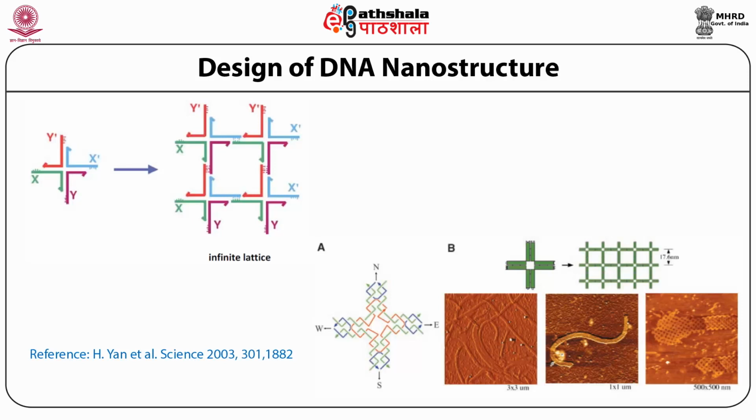And you can see at the bottom an example which was published in Science. It shows this formation of a 2D DNA nanostructure using this kind of Holliday junction with sticky-ended complementary sequences. And you can see from AFM at lower magnification a very nice fiber-like material. However, when you zoom into this fiber-like material, you can see a two-dimensional lattice, a net-like lattice formation, because of this branched sticky assembly.